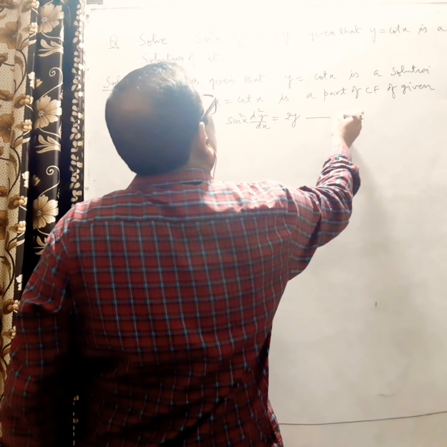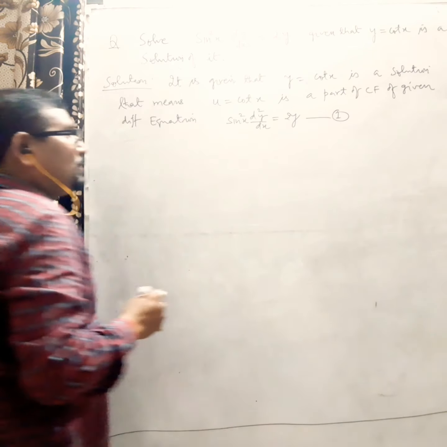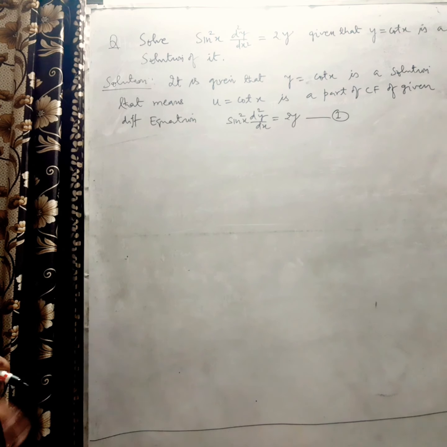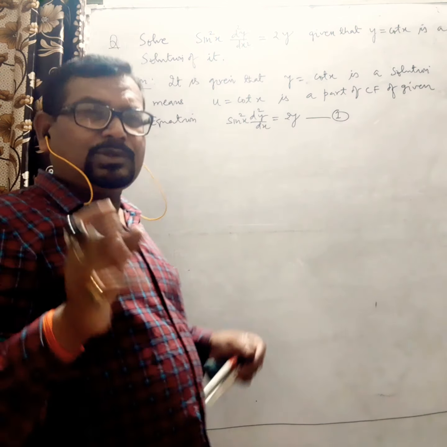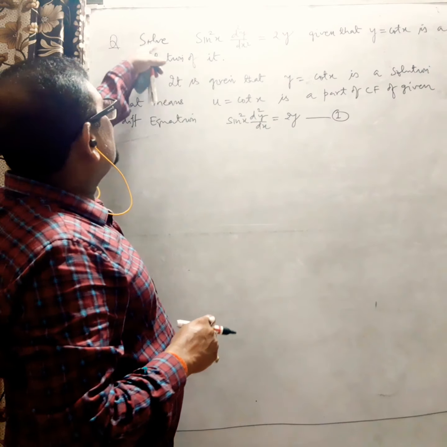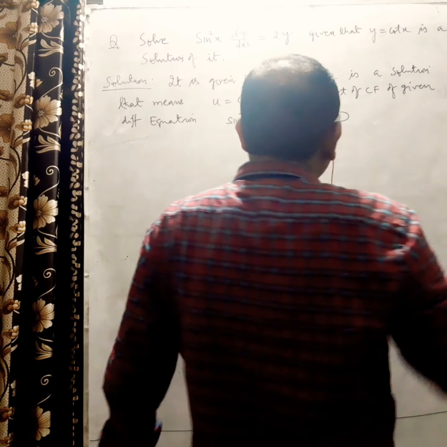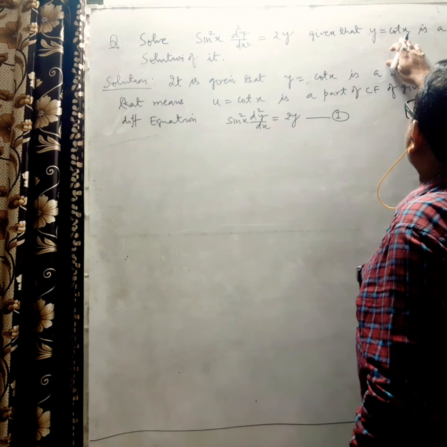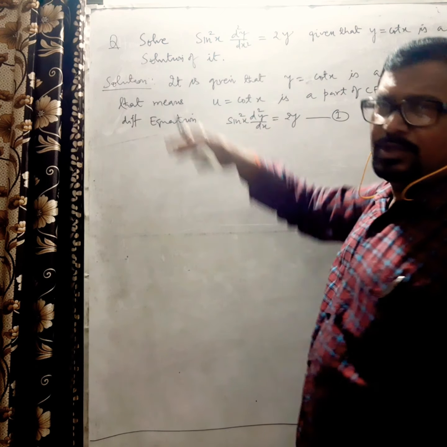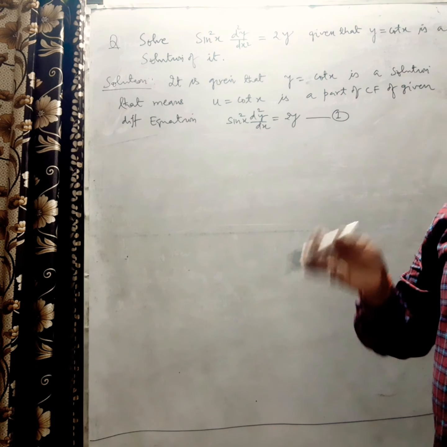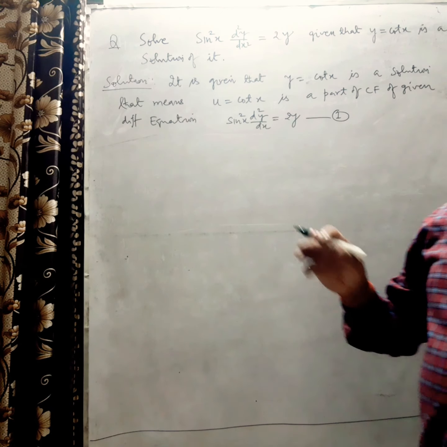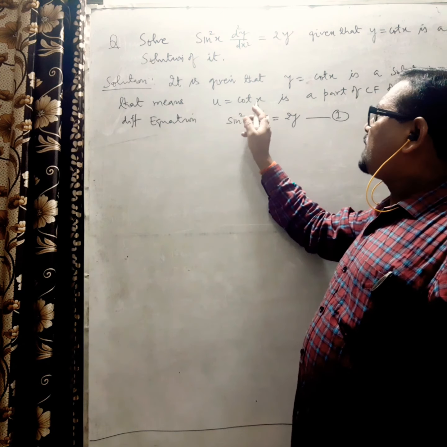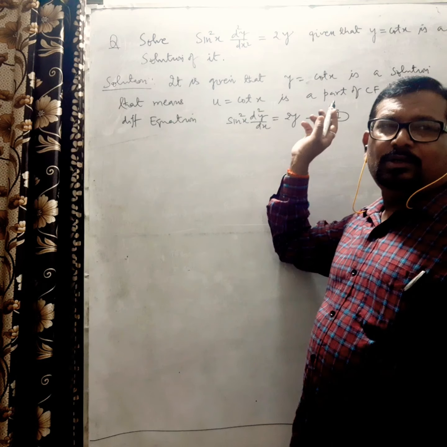This is taken as equation number 1. Sometimes it is given, solve this differential equation, it is given that y equals cot x is an integral of this differential equation. In that situation, we also treat u equal to cot x as a part of the complementary function.